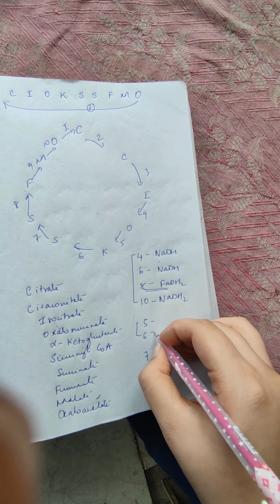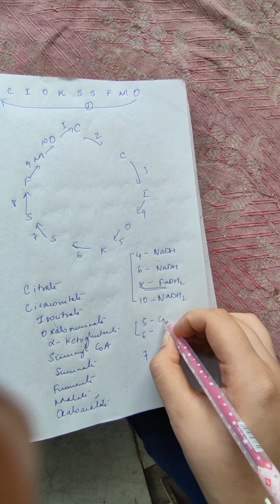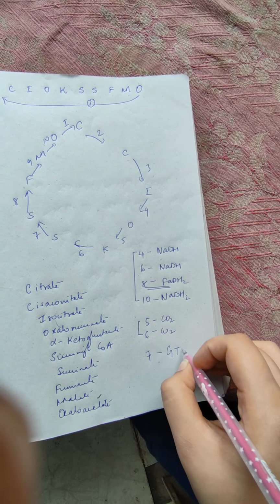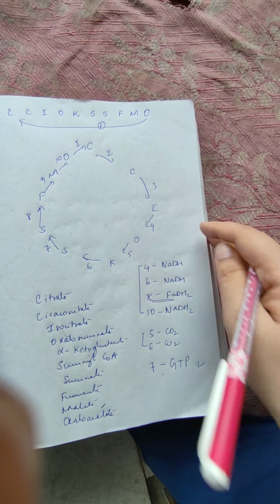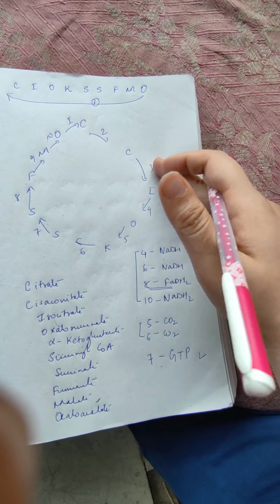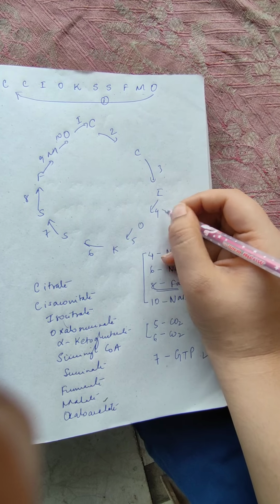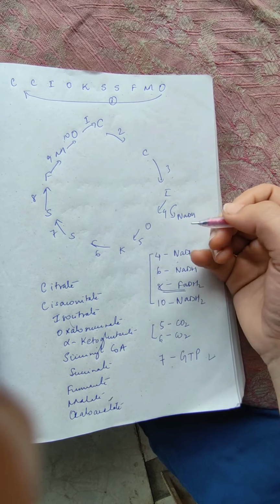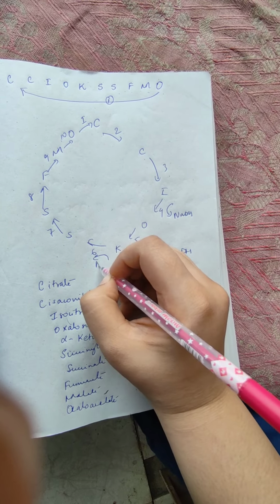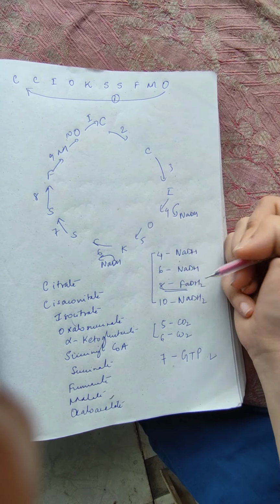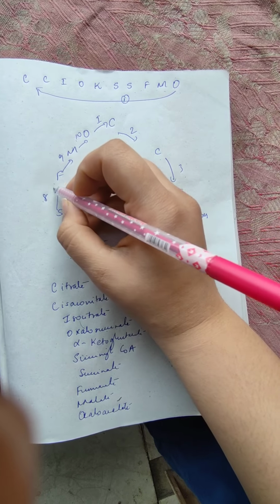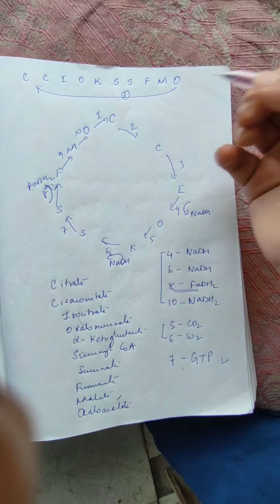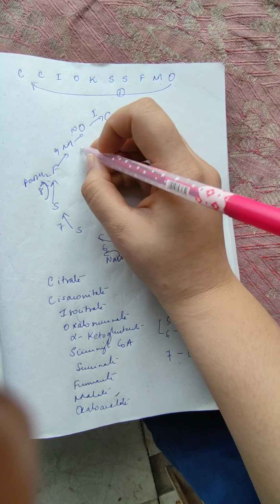Next, steps 5 and 6 are where carbon dioxide is released, and step 7 is where GTP is produced. So now let's put it into the cycle. 4 is where NADH is produced, 6 is where NADH is produced, 8 is where FADH2 is produced, and 10 is where NADH is produced.